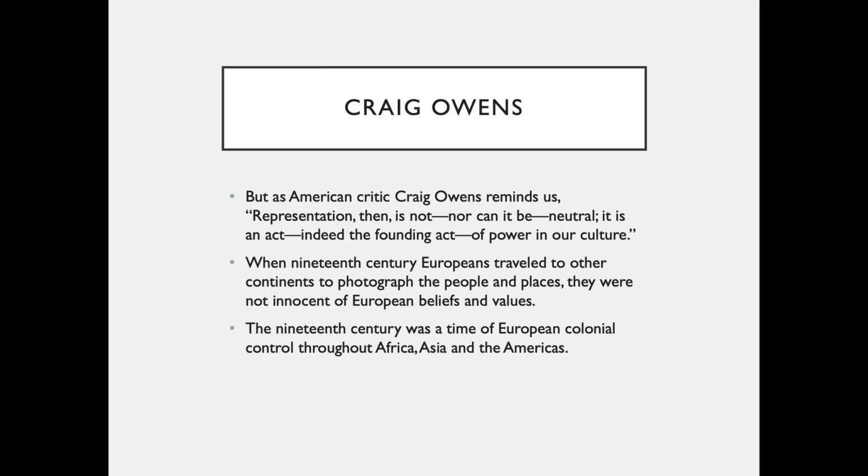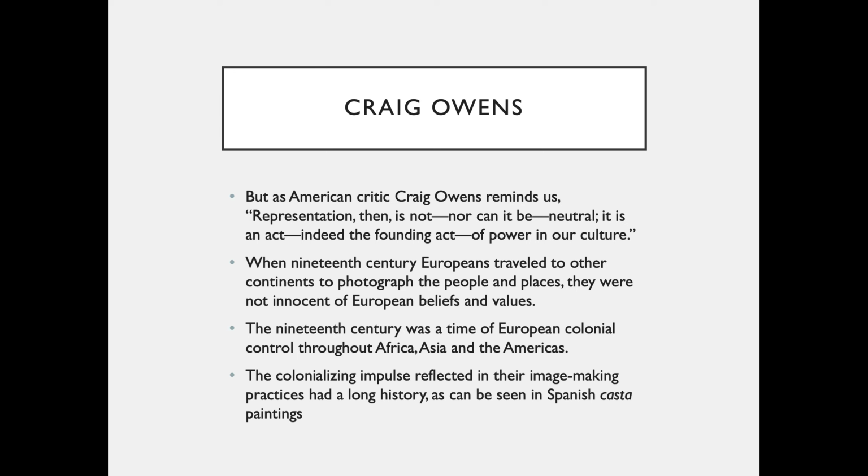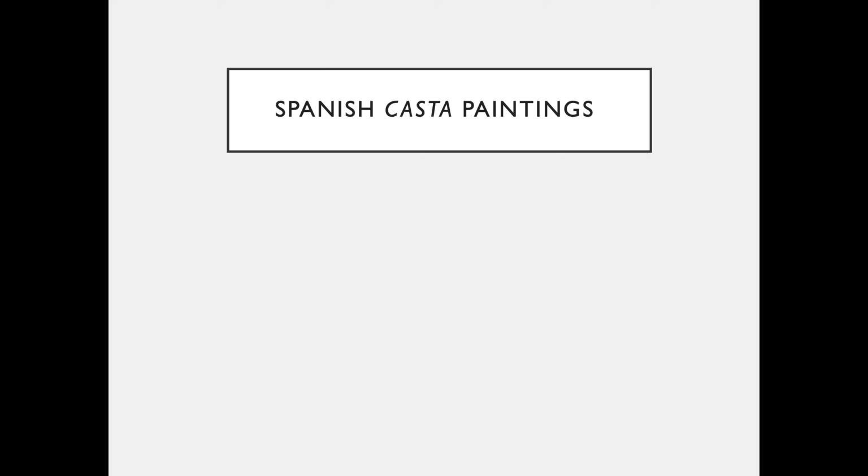The 19th century was a time of European colonial control throughout Africa, Asia, and the Americas. The colonizing impulse reflected in their image-making practices has a long history, as can be seen in Spanish Casta paintings.